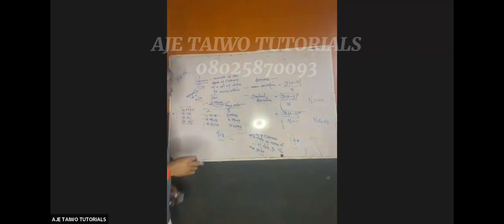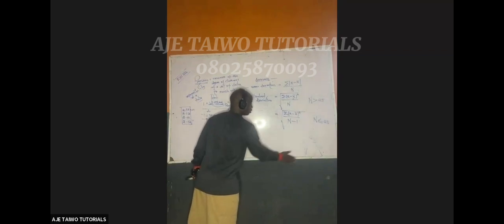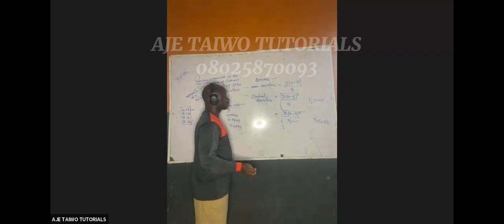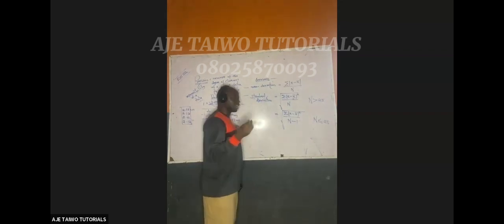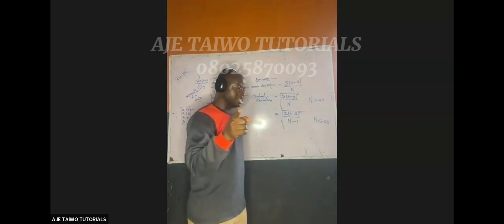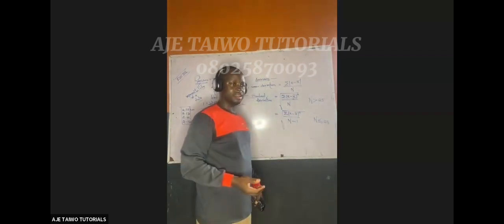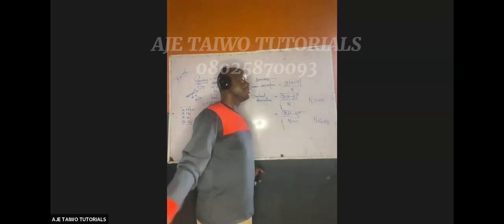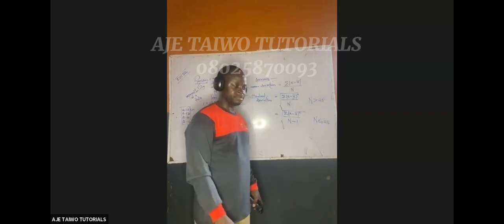It's clear, sir. I have a question. Yes, please go ahead. Please, why are we not using that first formula, the mean deviation? This one? Yes, sir. Mean deviation only tells you how far your data is from the mean.